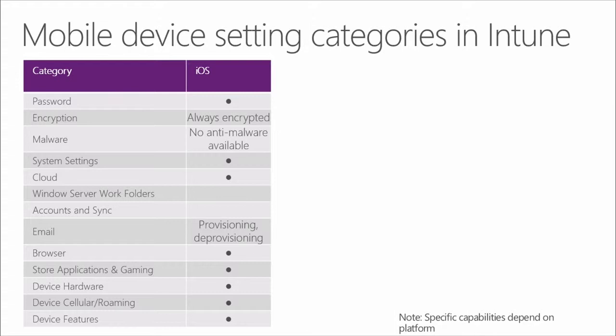Email is possible through email provisioning and deprovisioning, so we can set up all of the required settings for anybody's email to be automatically installed and added to an iOS device upon device enrollment. That's kind of interesting when we talk about the conditional access approach a little earlier. In the case of conditional access with email, if the user deprovisions their account, they won't lose access to their corporate email.